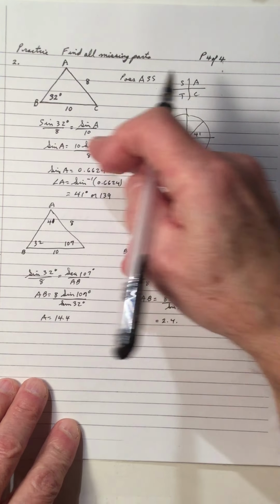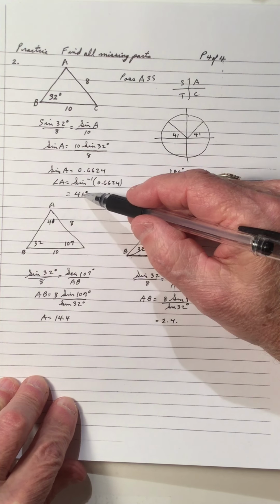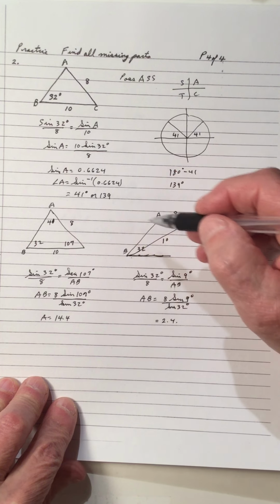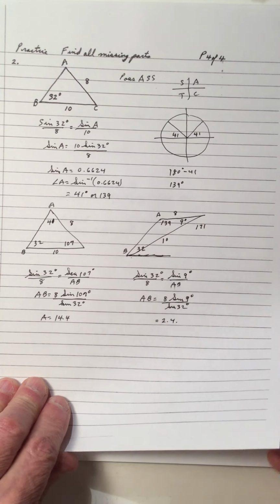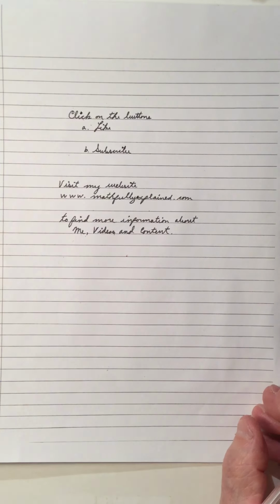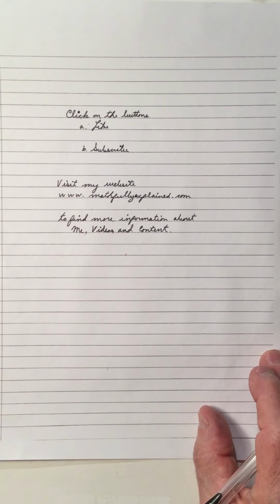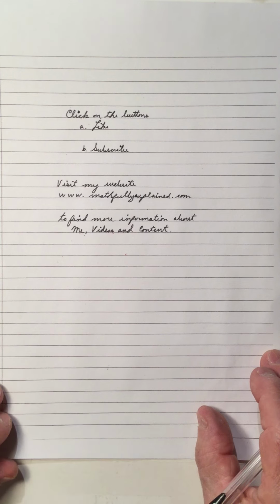And notice this one came out to be two triangles because the 41 fitted in to give me 107, the 139 fitted in to give me an angle of 9, so we worked out two possible triangles in this case. So that's solving triangles, but the ambiguous case is very important to do, because remember when you use sine to get an angle in a triangle, it can be in quadrant 1 or in quadrant 2, so you have to check both.